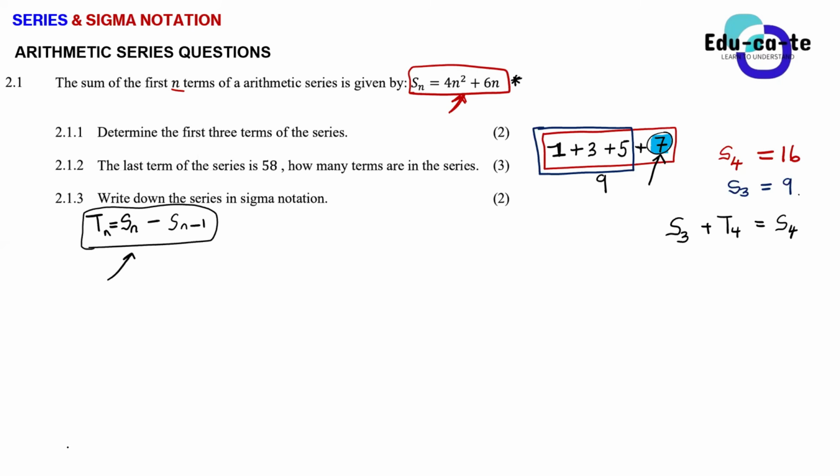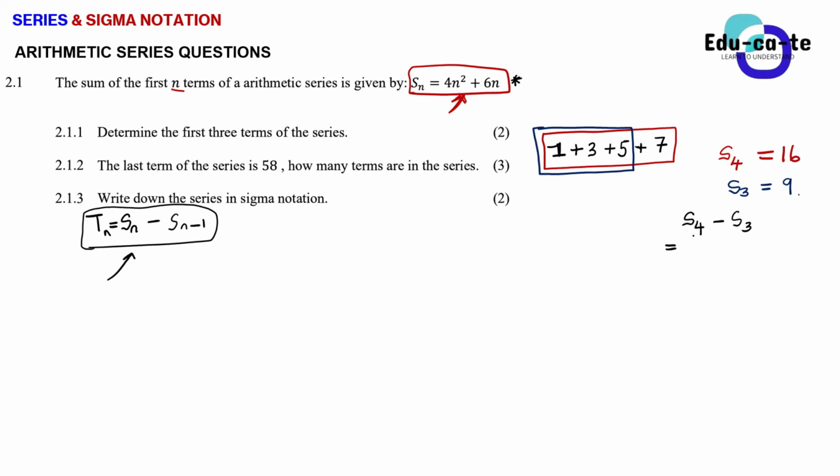Or we can put it practically, guys. You can see here we've got the sum of the 4 terms and the sum of the 3 terms. If I subtract the sum of the first 3 terms from the sum of the 4 terms, it means that I'm excluding this 7. Let's see what I get.